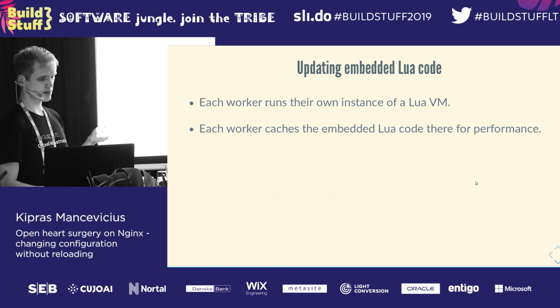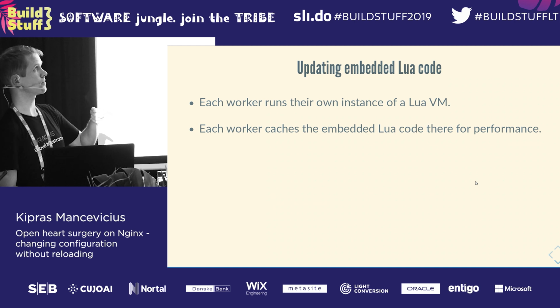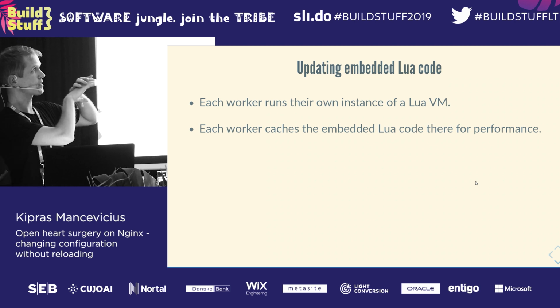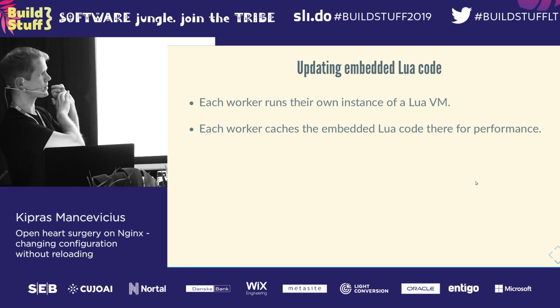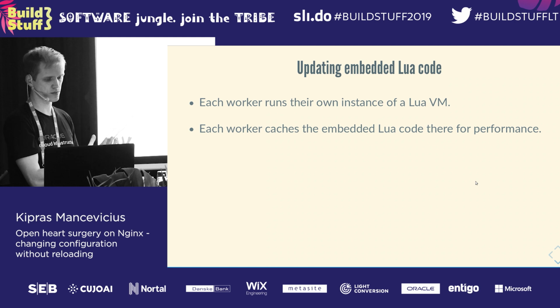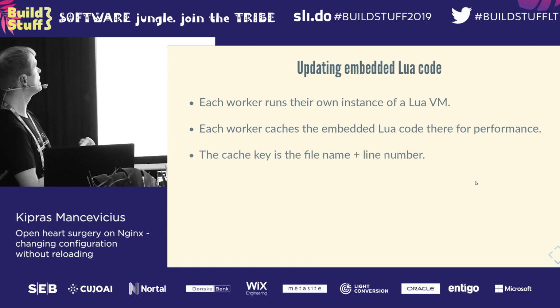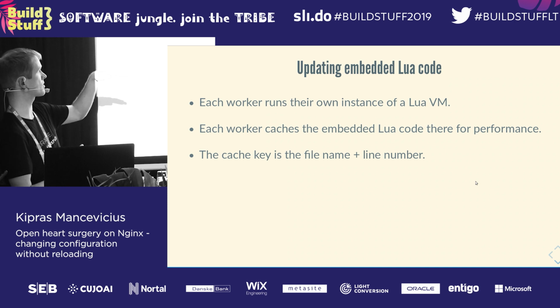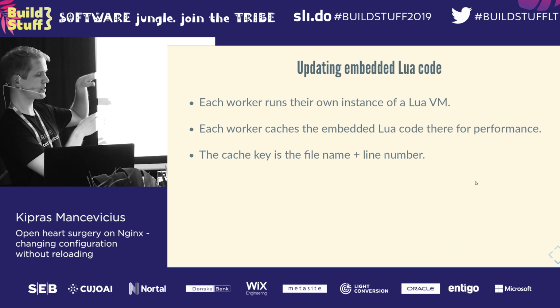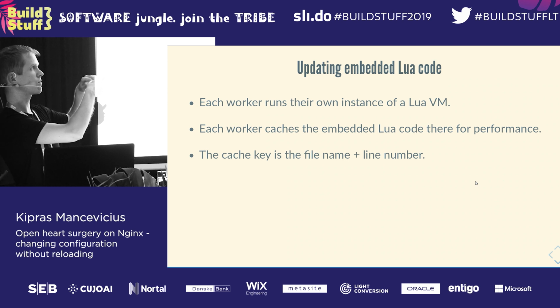But if the config changes that you pushed have changes to the Lua code, then the problem is that it doesn't get picked up, because the cache key is actually the file name plus the line number. It essentially says, when I want to run some Lua code, where is it?